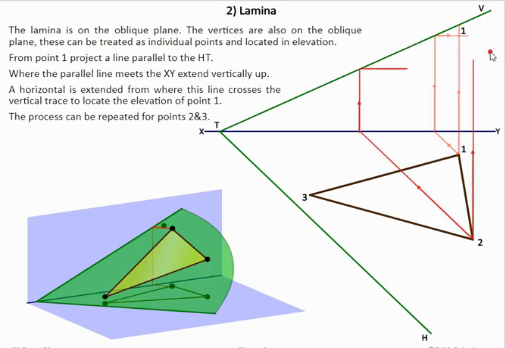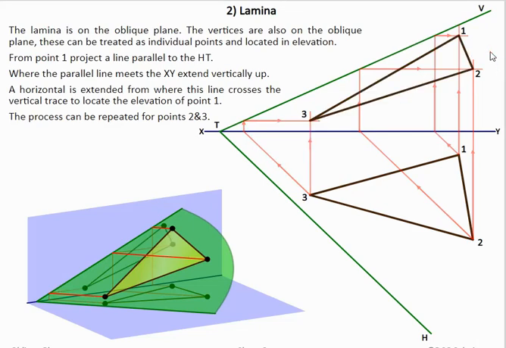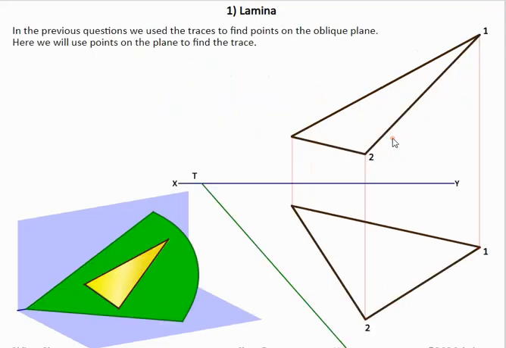Then we'll move on to point 2, similar method again, and then we go on to point 3, find point 3, and then construct it again. So this here is our elevation. Basically what we're doing is taking our 3 points, bringing them parallel to HT, bringing them up from the XY line onto VT, and then bringing them across, and then locating our 3 points.